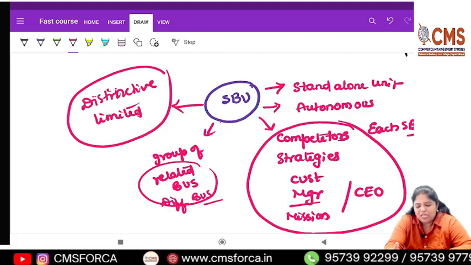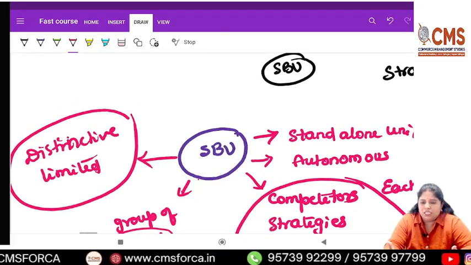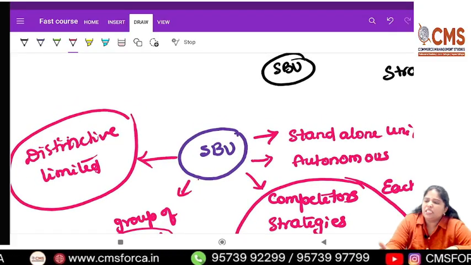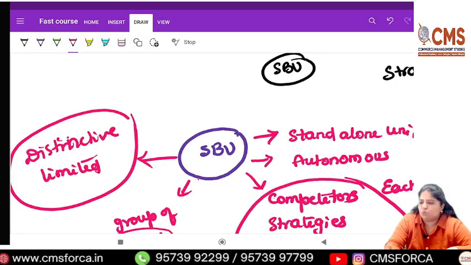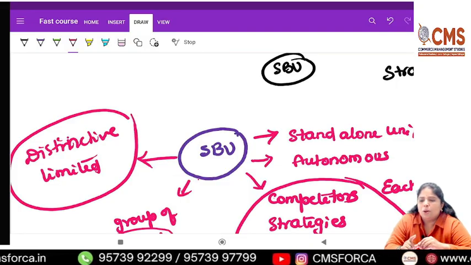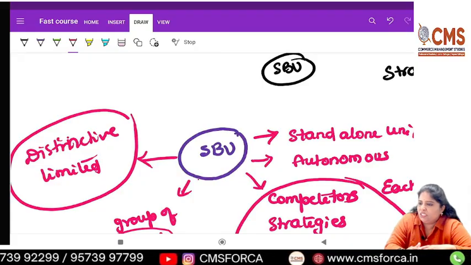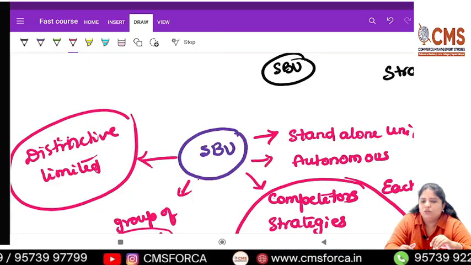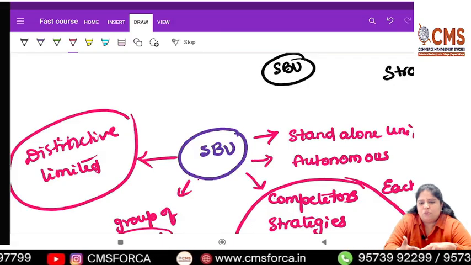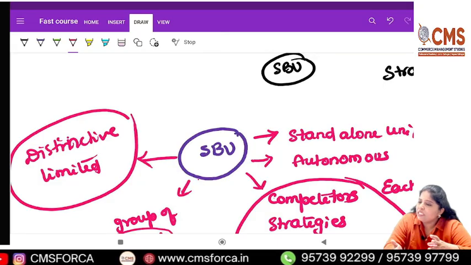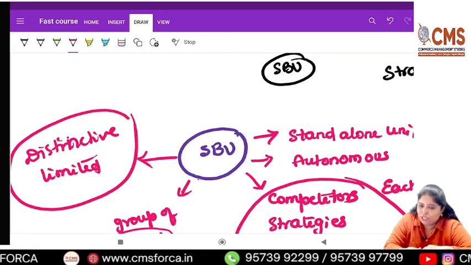And having SBUs, as we just discussed, each SBU will have its own strategies. So proper planning, proper monitoring: each SBU can be effectively monitored because it has its own CEO, and its performance can be compared with other SBUs.